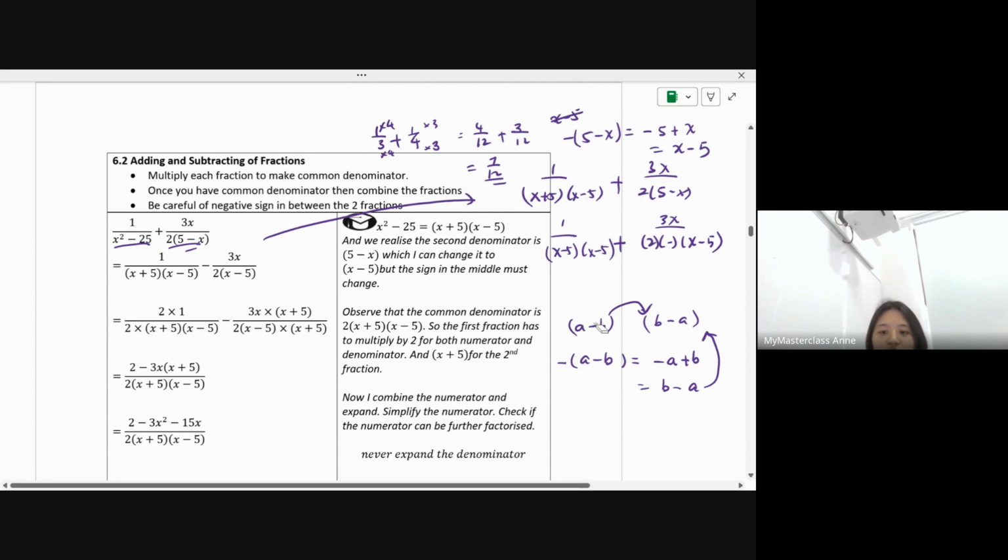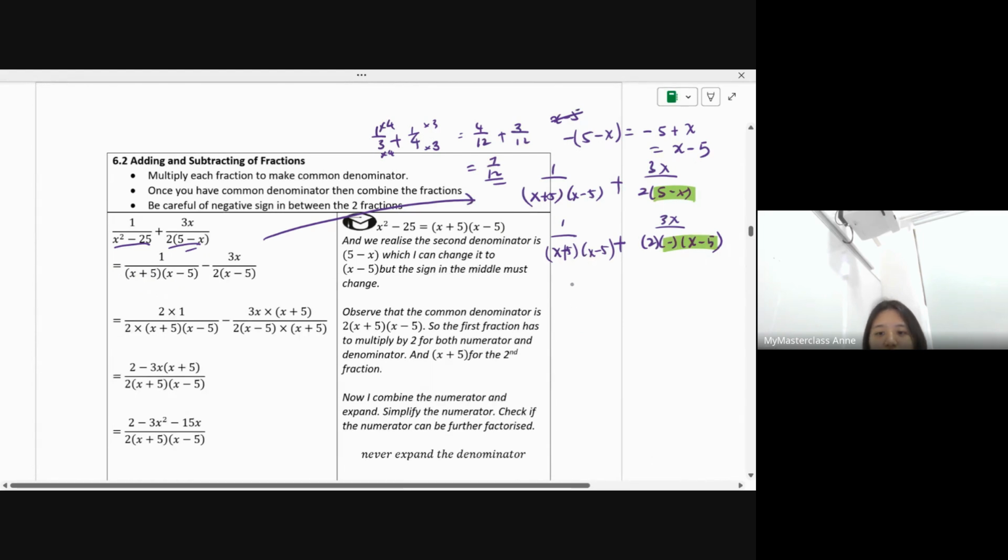So 1 over x minus 5, x plus 5. We come back to this: 2 times 5 minus x, I can write as negative, 5 minus x, I can write as negative x minus 5.